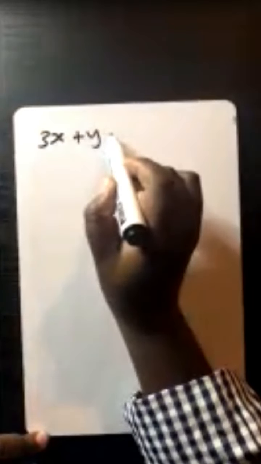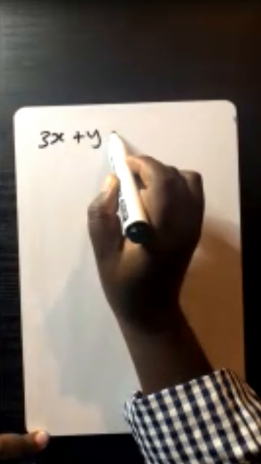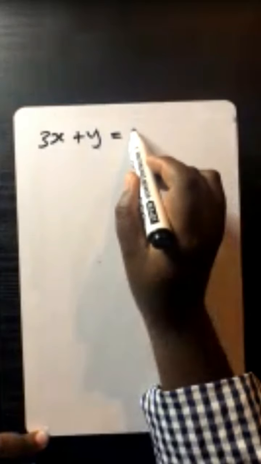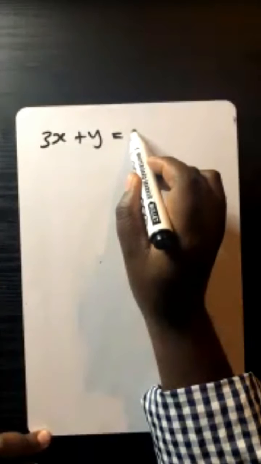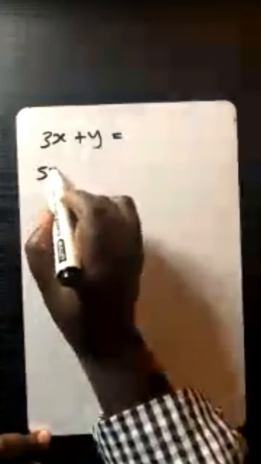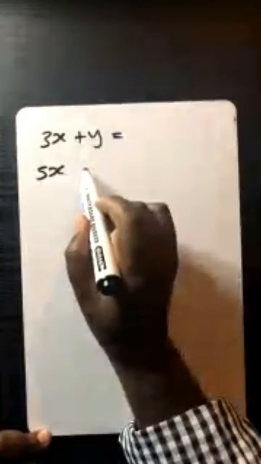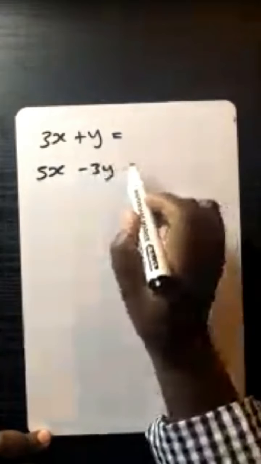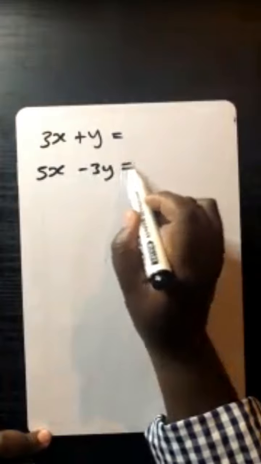3x plus y equals 2, and at the bottom 5x minus 3y equals negative 34.